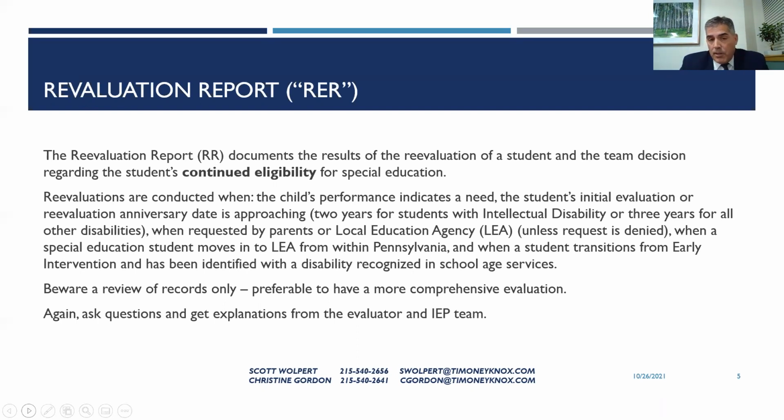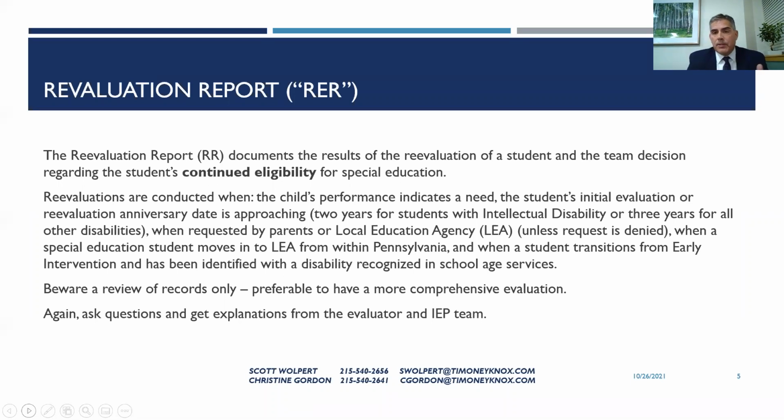Again, as Benita mentioned, it can be a review of records, but I would really caution you if your school says, we're just going to do a review of records, because in our experience, we've seen schools simply take records, regurgitate the information in the records, put that in the reevaluation report, and often lack that interpretation, that analysis. And the goal is to have a more comprehensive evaluation.